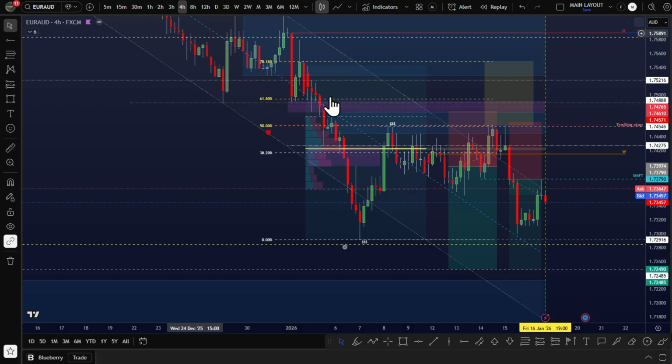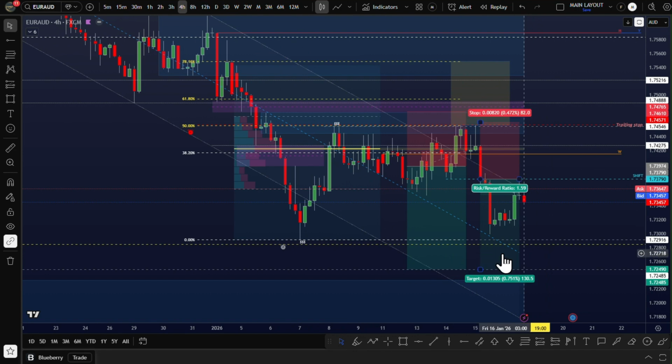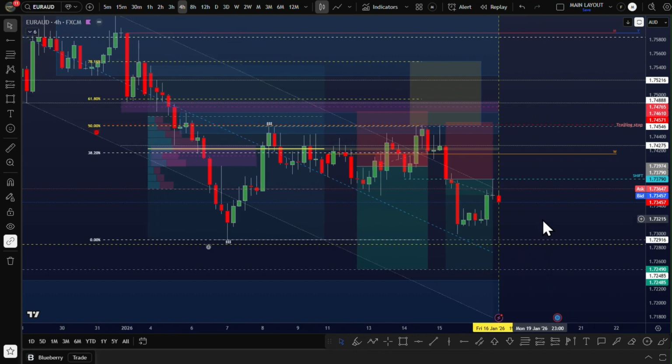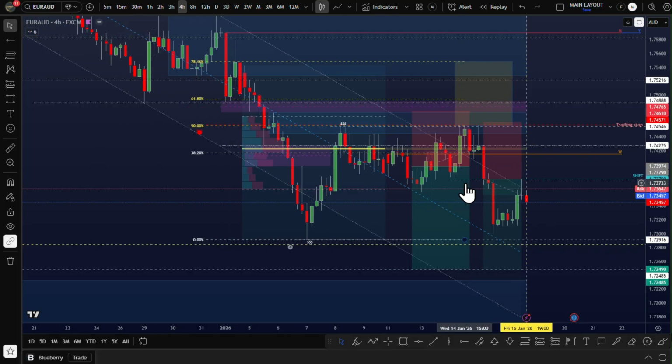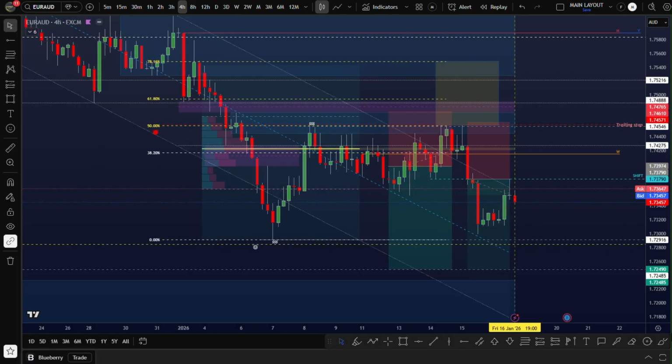That's also why I didn't trade AUD USD. AUD USD was with a strong dollar. I was not able to short AUD USD because the Aussie dollar is very strong.